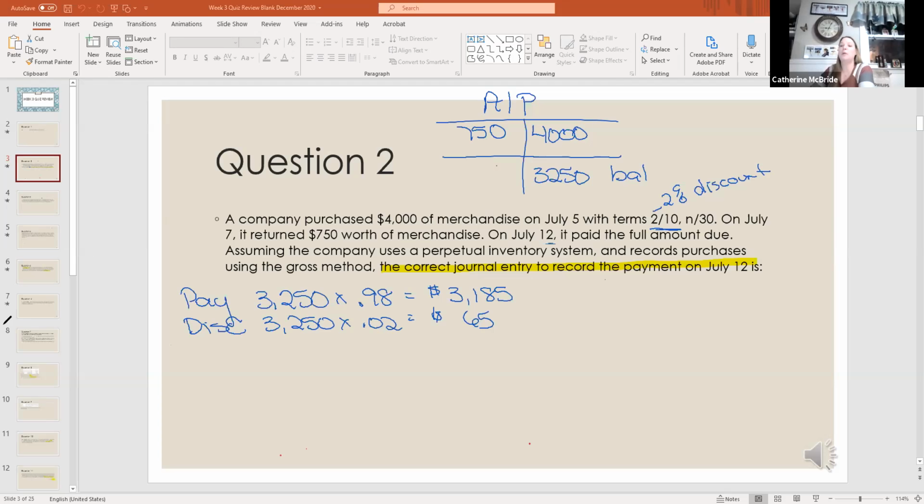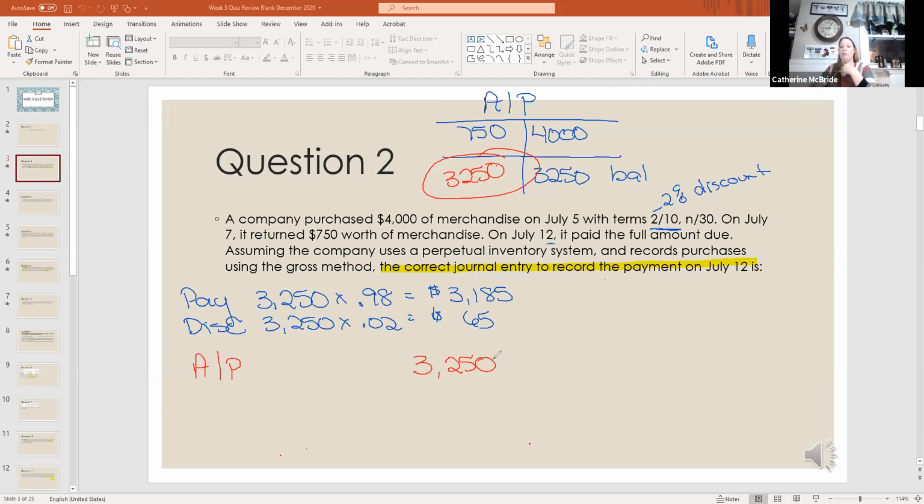All right, so then when we put together our journal entry, we think about, well, what do we know? One of the things that we know is that when we're done, we're not going to owe anything to this company. So we're going to debit accounts payable for the whole $3,250 because we're not going to pay any more later. We're the one that purchased.